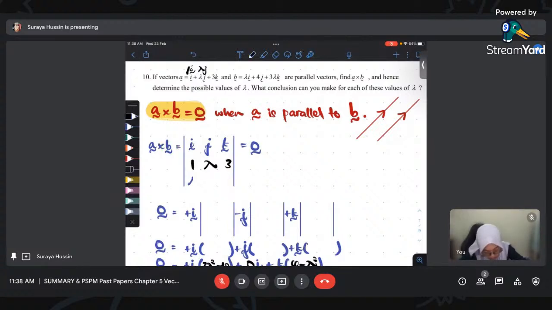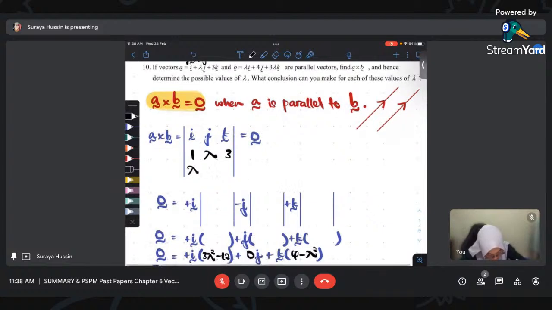So lambda here, and then 4, and then lambda again. Oh sorry, belakang ni 3 lambda. Belakang adalah 3 lambda. So I only take the values, the magnitude lah saya ambil sebenarnya. Okay, the values of the direction I, J, and K. The value, okay?